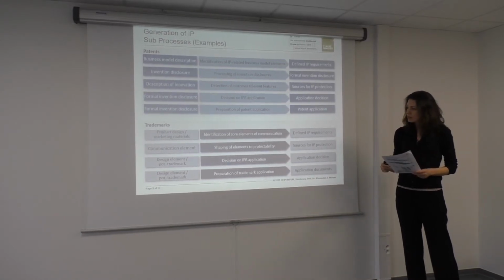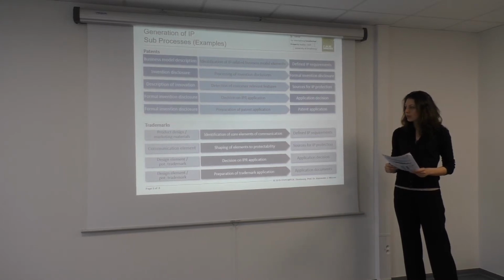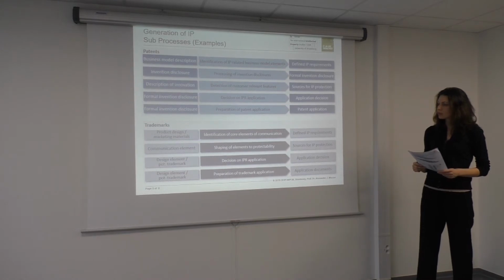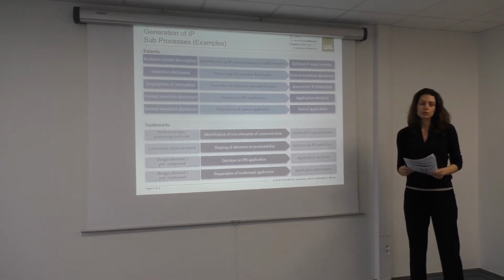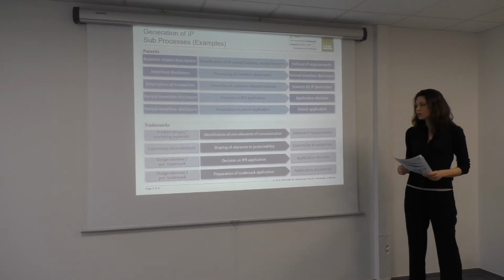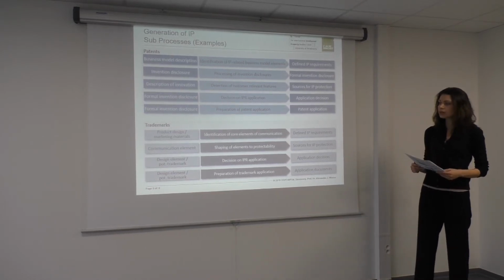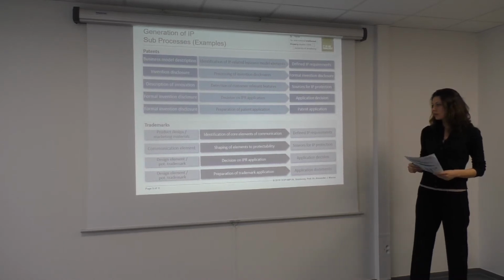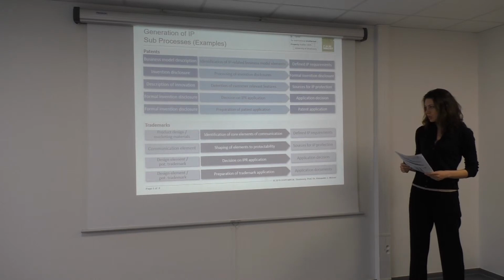And then on this basis, we have to carry out an availability search in order to identify if there are earlier rights on the market which might be detrimental to our IP protection.